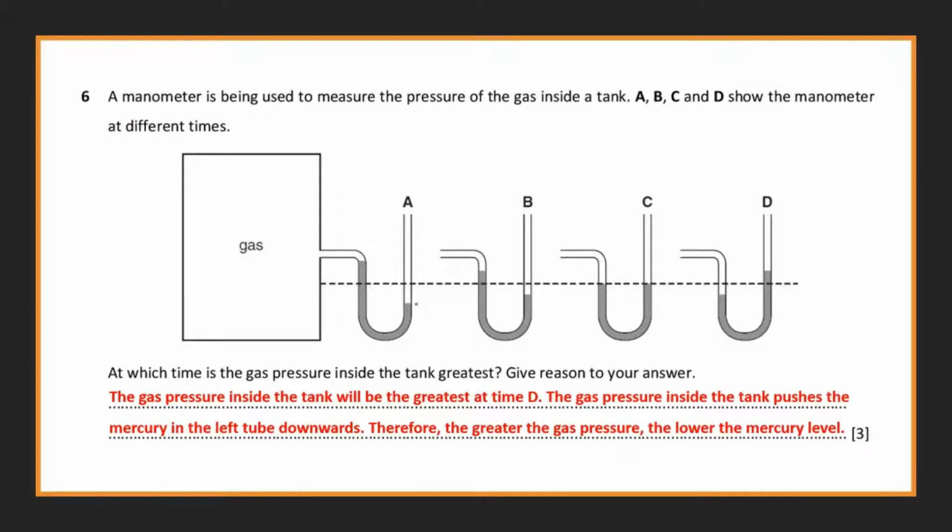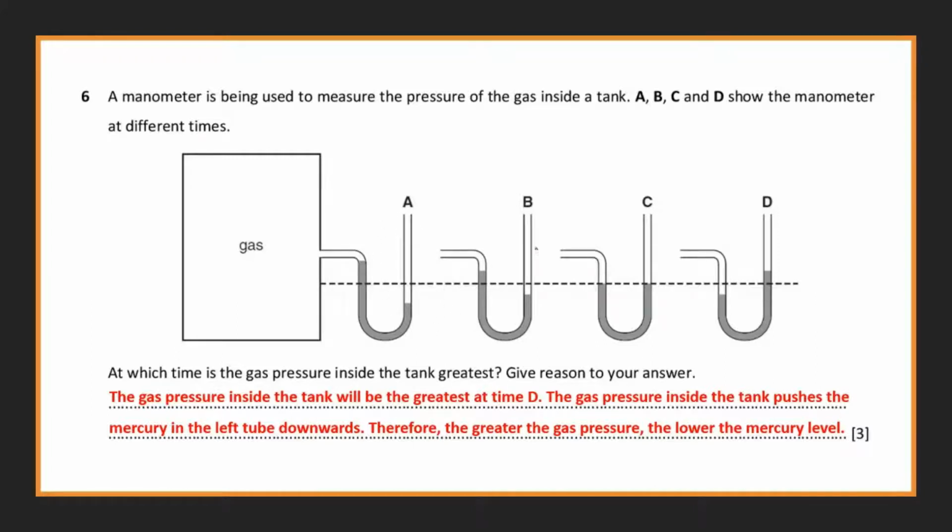This shows us that the pressure inside the open tube is greater than the pressure from the gas inside the tank. The pressure in the open tube comes from the atmospheric pressure. Drawing B, also the same as drawing A.